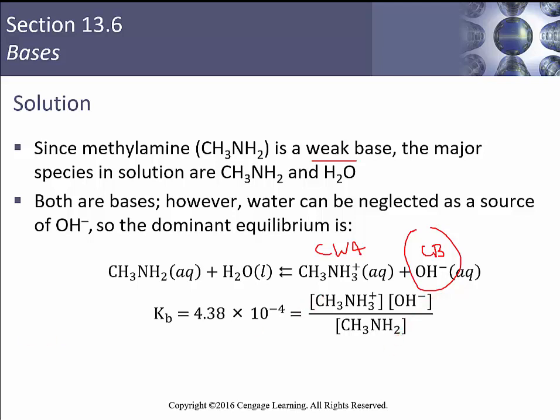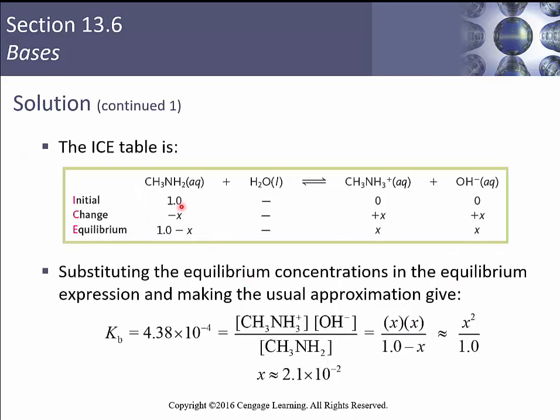We'll set up an ice table. We initially had 1 molar methylamine, no methylammonium, and no hydroxide. We're going to lose a little bit of our weak base to form some conjugate weak acid and our conjugate strong base. We're going to end up with 1 minus x, plus x, and x.